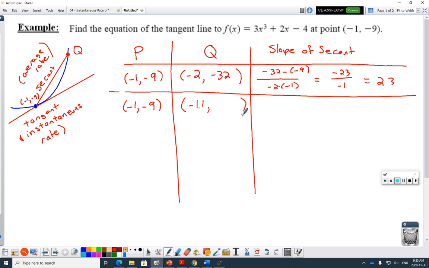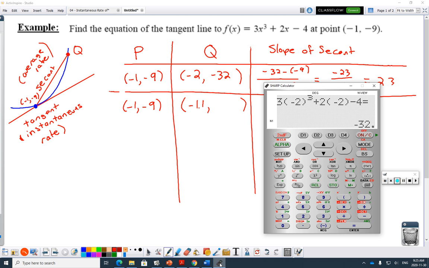I go back to my calculator and I sub in negative 1.1. And I get my y value. Negative 10.193.